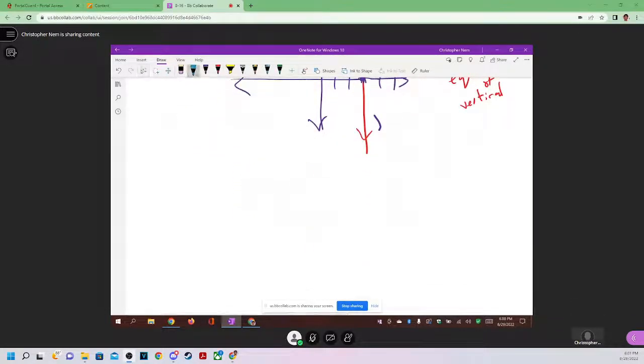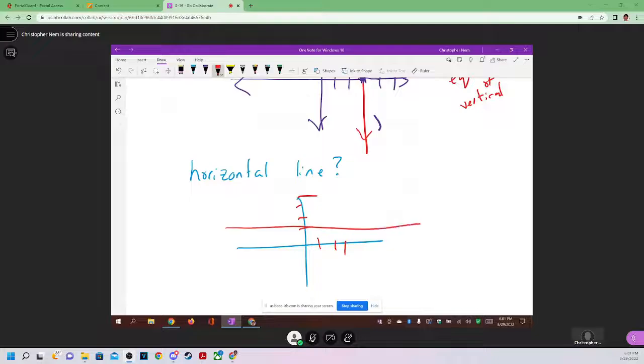Now, what about a horizontal line? Well, this actually makes more sense now, because if I have a horizontal line, let's say it passes through the point right here. This is 1, 2, so this is going to be located at 0, 2, and this is 1, 2, and then 2, 2.